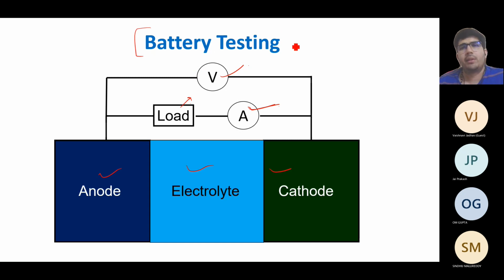For research purposes, there are very delicate machines intensively developed for battery testing, because in an electrochemical device we have huge materials. Scientists are working towards developing new electrochemical reactions.